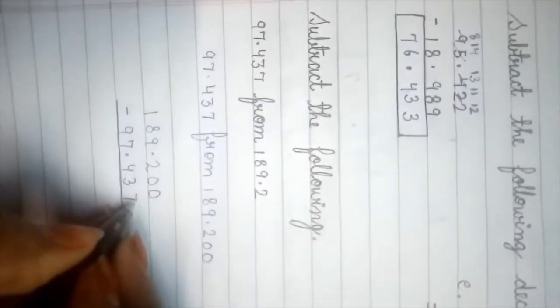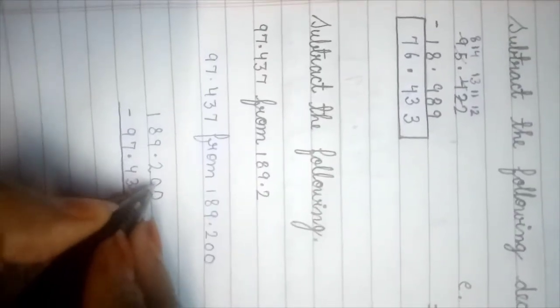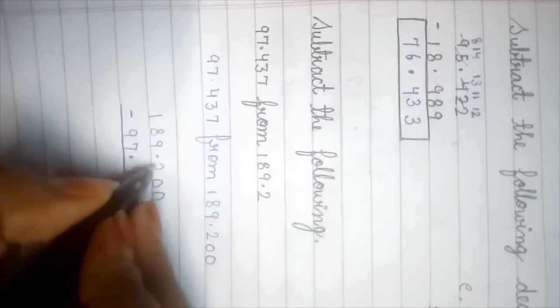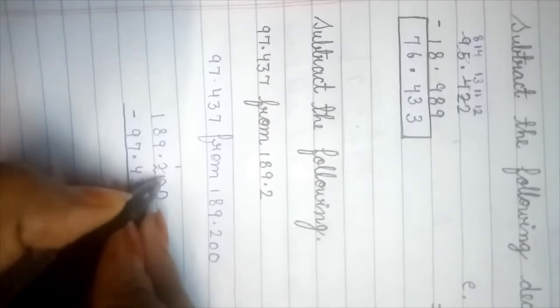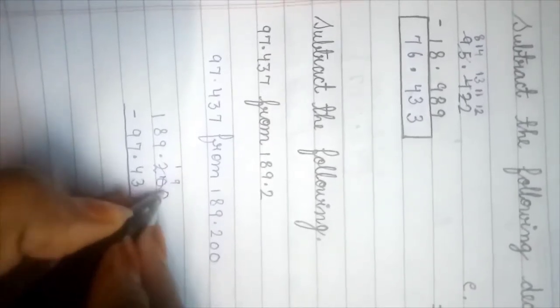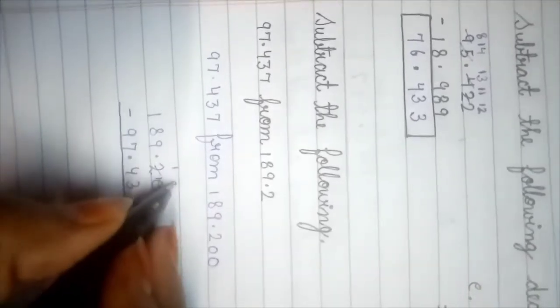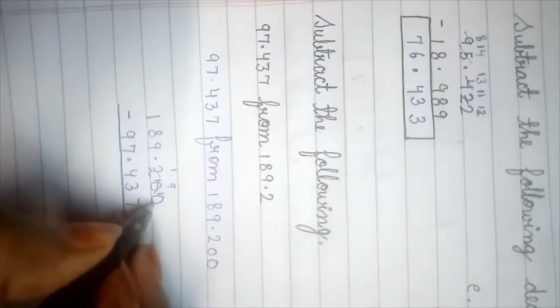Now we cannot subtract 7 from 0, so we will take a borrow, but this number is also 0. So from here we will take the first borrow, then it will become 10, and then it will give a borrow, and here it will remain 9, and here we will have 10.